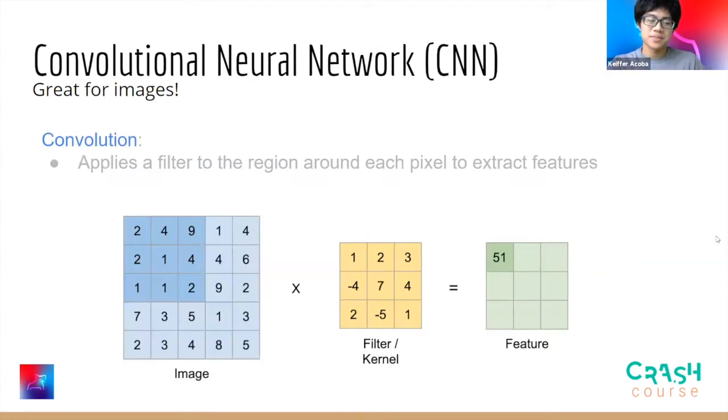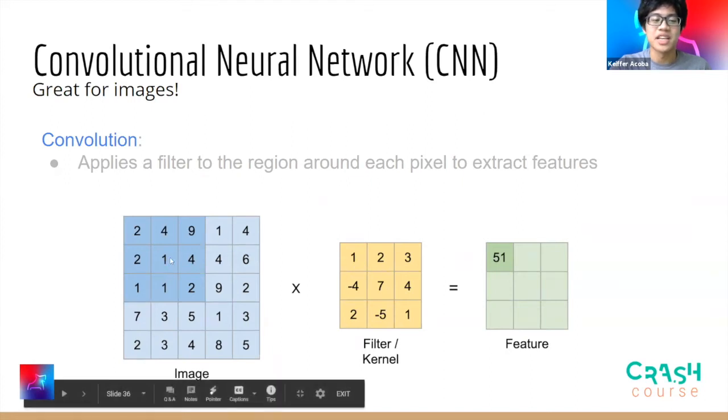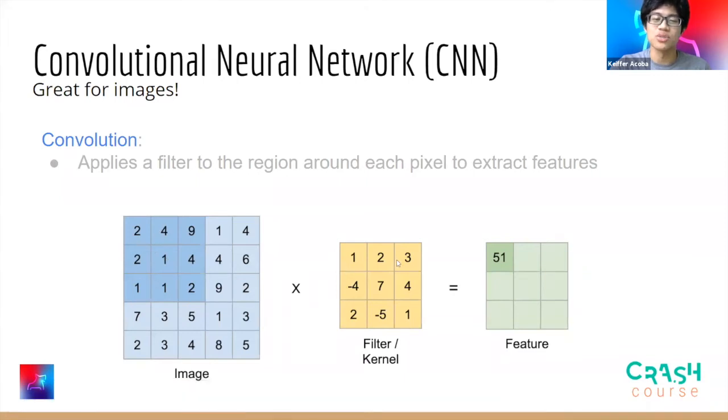So what a convolution is, is it applies a filter or a kernel or a convolution. It can be called any one of those three, and it applies it to every pixel in a region in our image. So you can see here, this filter is applied to this region in the image. So it does 1 times 2, 2 times 4, 3 times 9, and so on.